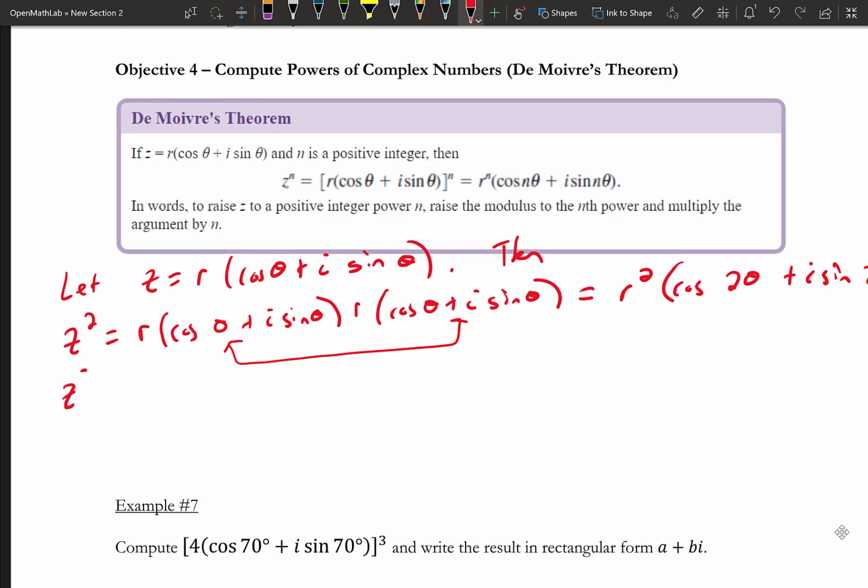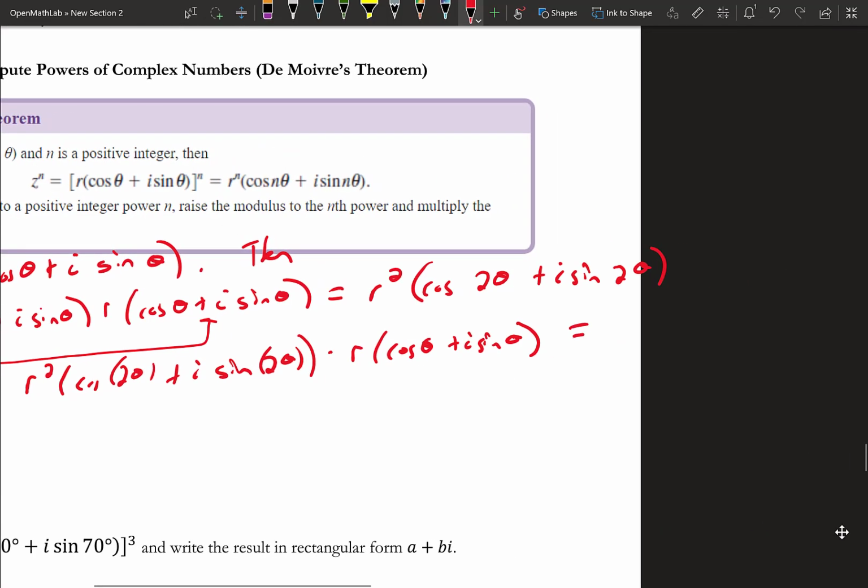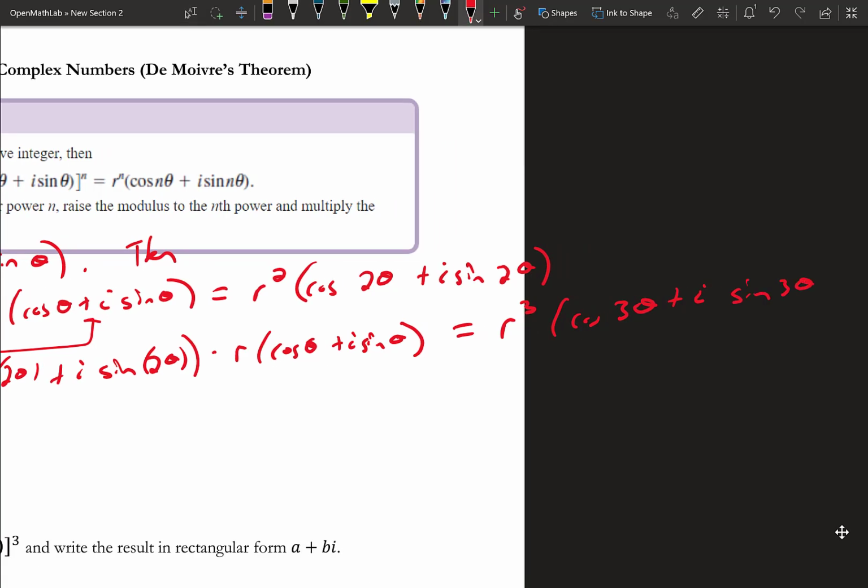Then you could calculate z cubed, which is z squared times z. So you take your previous answer, r squared times cosine of 2 theta plus i sine of 2 theta, and multiply that times r cosine theta plus i sine theta. When you multiply that out, it becomes r cubed times cosine of 3 theta plus i sine of 3 theta.